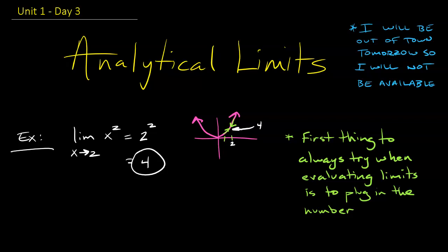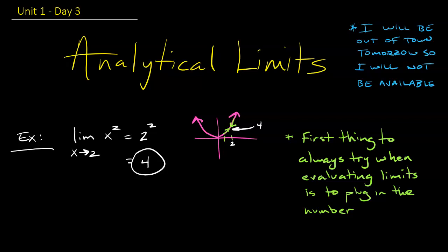On a continuous function, the limit value and the function value are the same. So a function value means you plug in the number. A limit value means you look from the left and from the right.